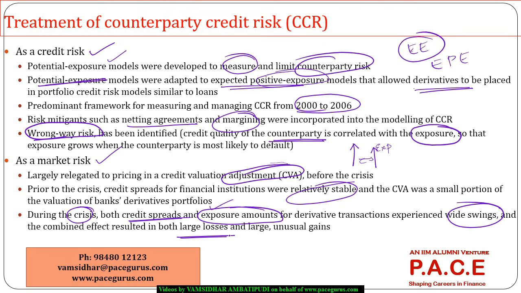So there was a possibility of large losses, which is a clear-cut pointer that you need to treat counterparty credit risk not just as a credit risk alone. It has to be treated even as a part of market risk, because the value of the credit valuation adjustment might swing quite drastically because of the presence of wrong way risk in the process.